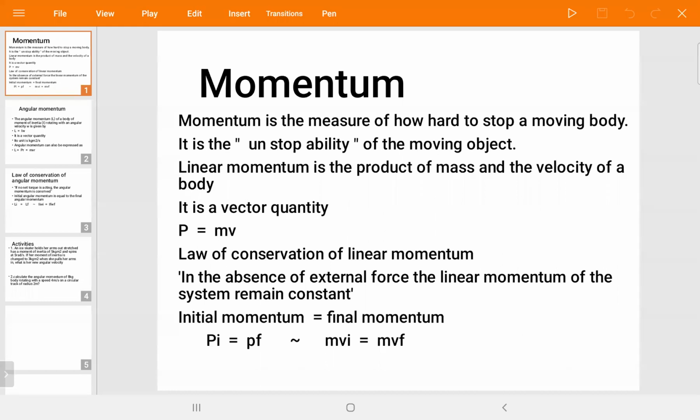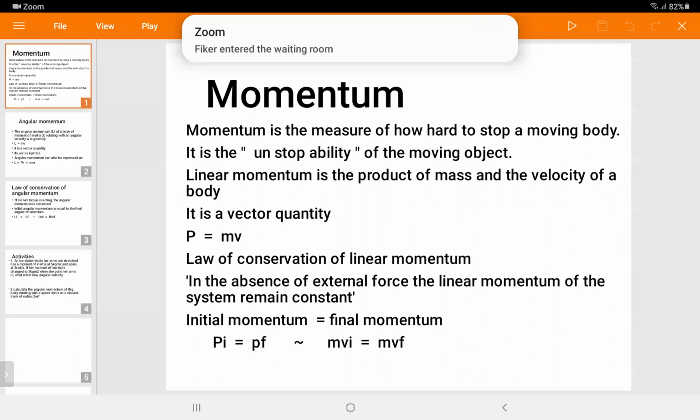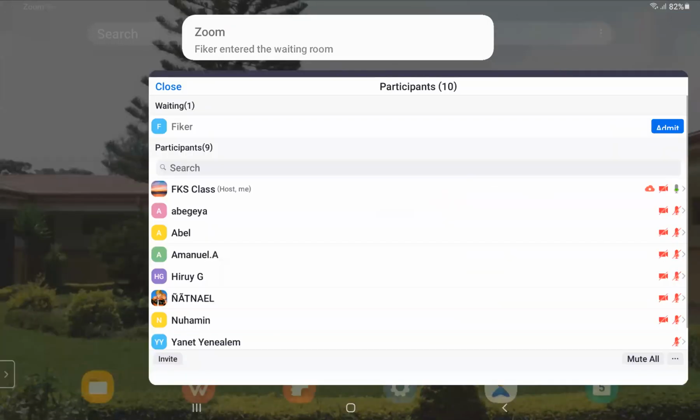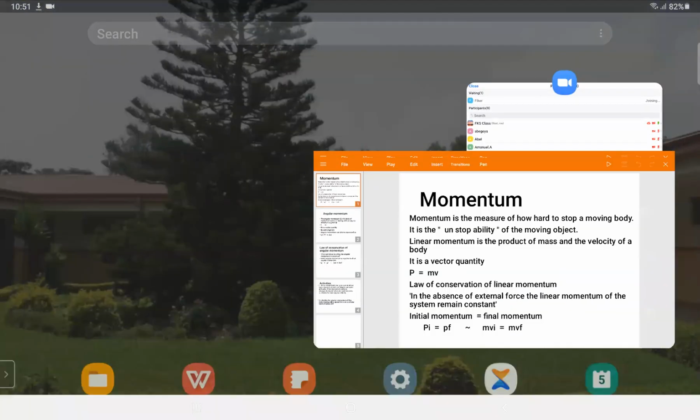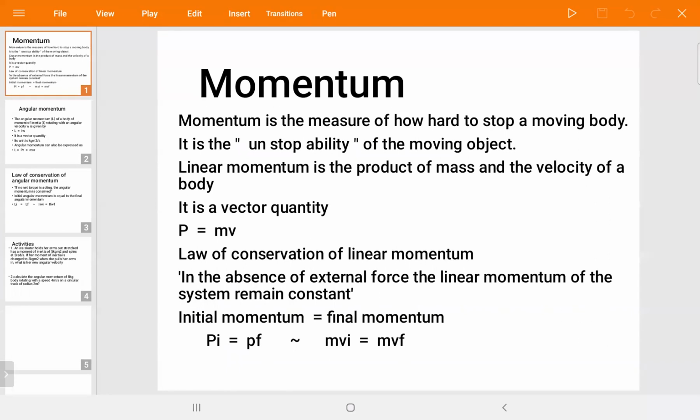According to the law of conservation of linear momentum, in the absence of external force, the magnitude of linear momentum remains constant. For example, if we're considering two bodies initially moving in opposite directions along the same line, they will collide.